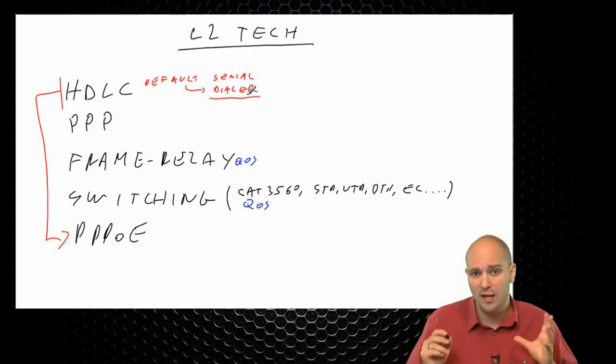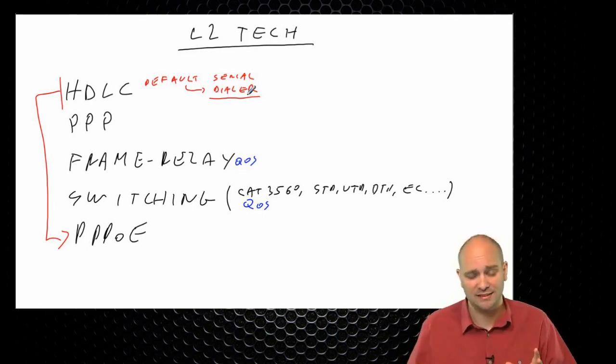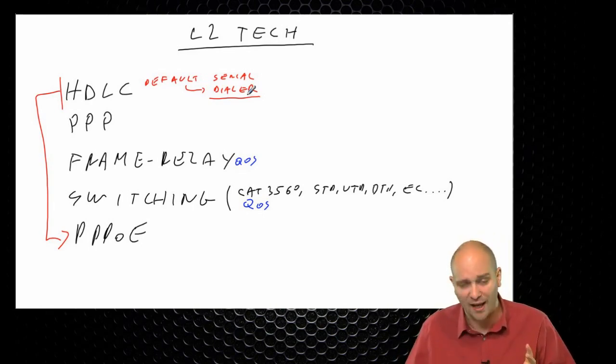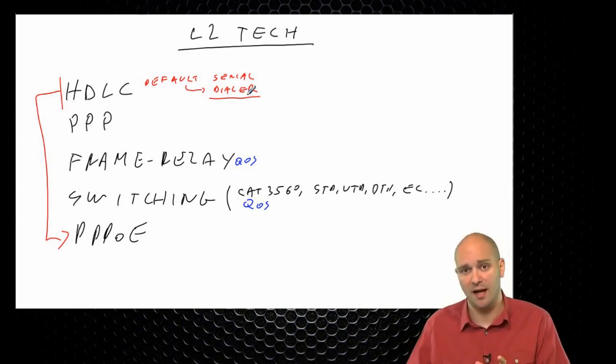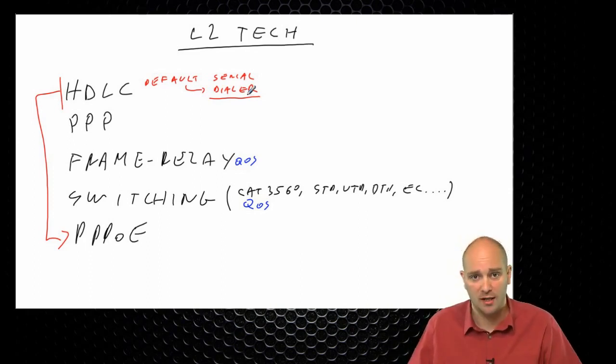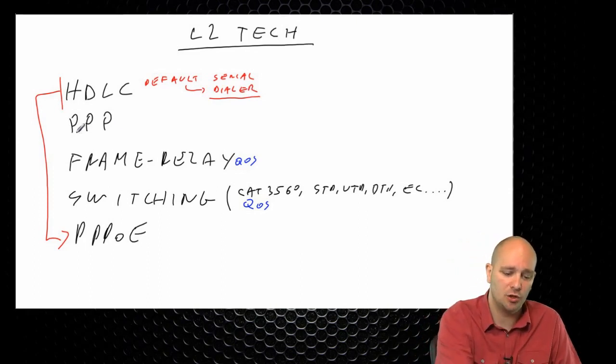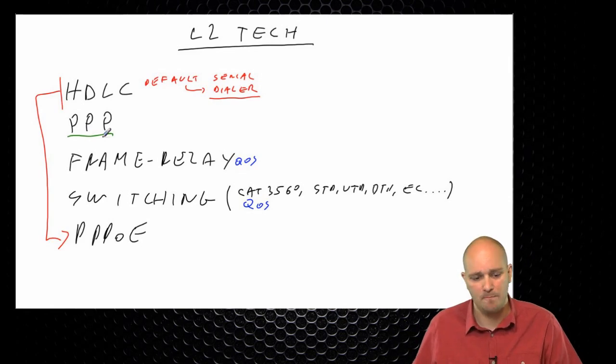This is the only big thing about HDLC that you will have in the lab. Given that it is so simple and requires no configuration, it is very unlikely that the serial interfaces you will have in the lab will require you to run HDLC. The more likely scenario is that you will be configuring PPP on them.